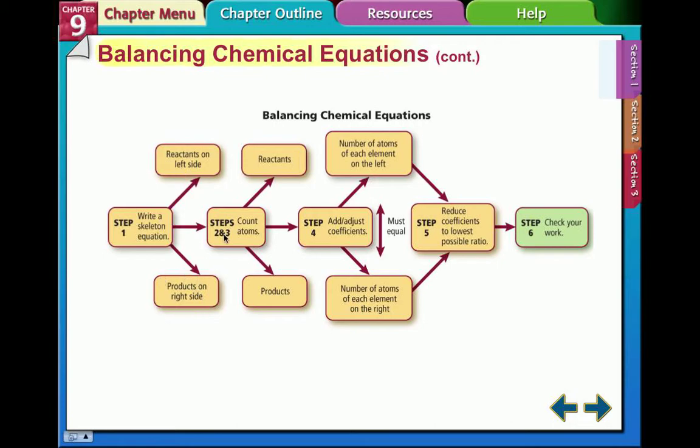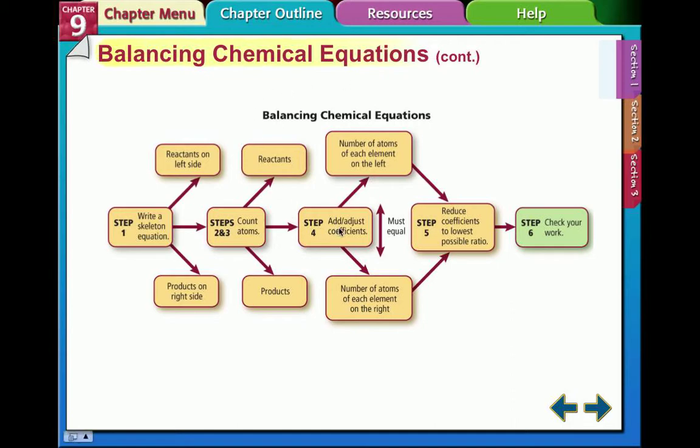Now for steps 2 and 3, you count the atoms. Count the atoms that are on the reactant side, count the atoms that are on the product side. And I will write them down. It's still sometimes hard for me to visualize without writing things down and crossing the numbers out, so go ahead and write them down.